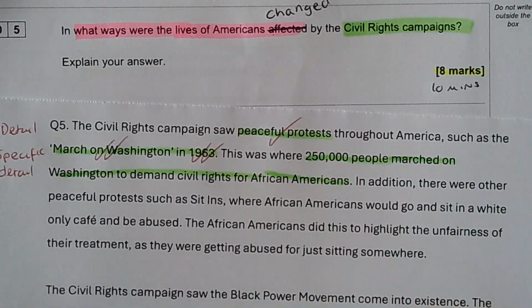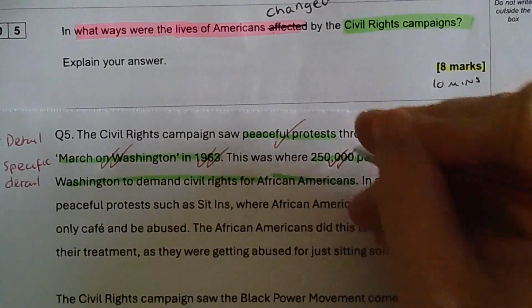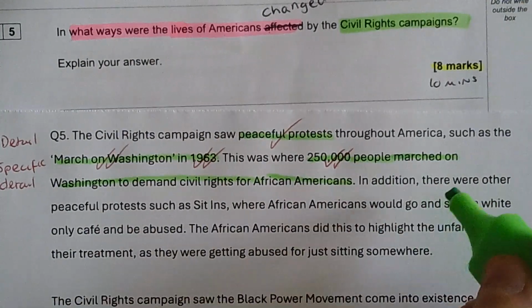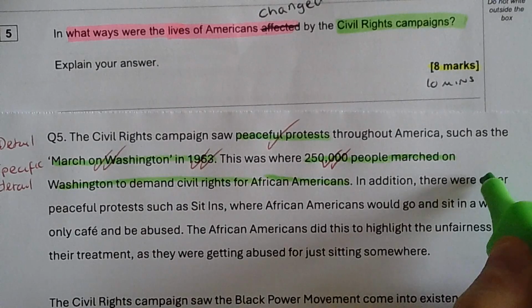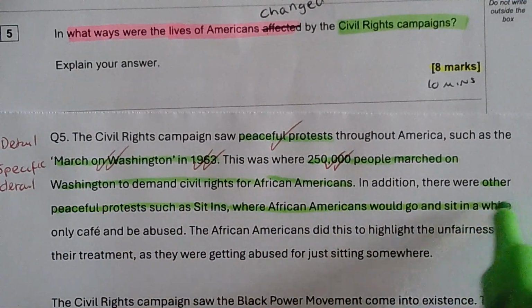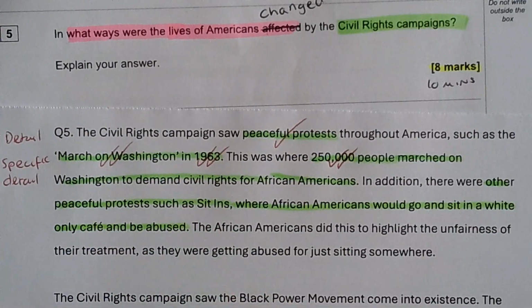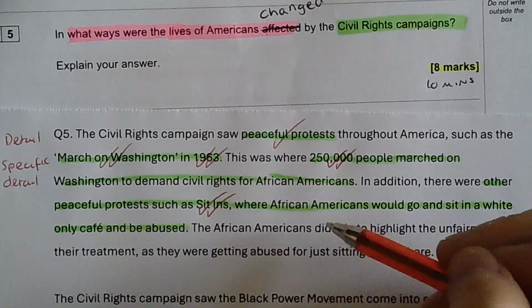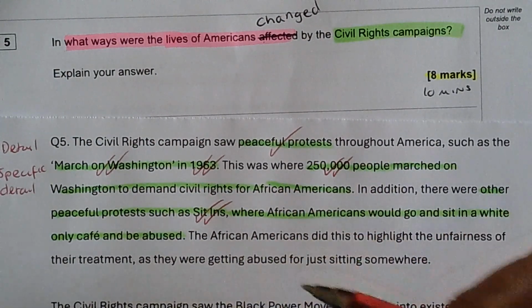So again, 250,000 people, that specific detail. In addition, there were other peaceful protests, such as sit-ins, where African Americans would go in and sit at a white-only cafe and be abused. So again, sit-ins. So this would probably get me up to 2 marks, if not 3 marks.